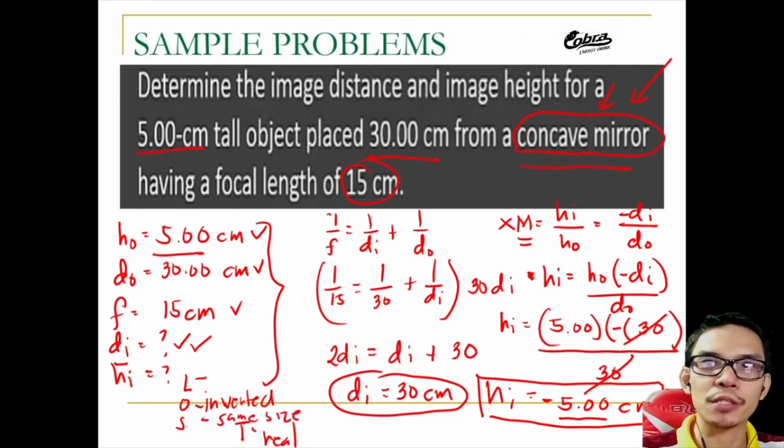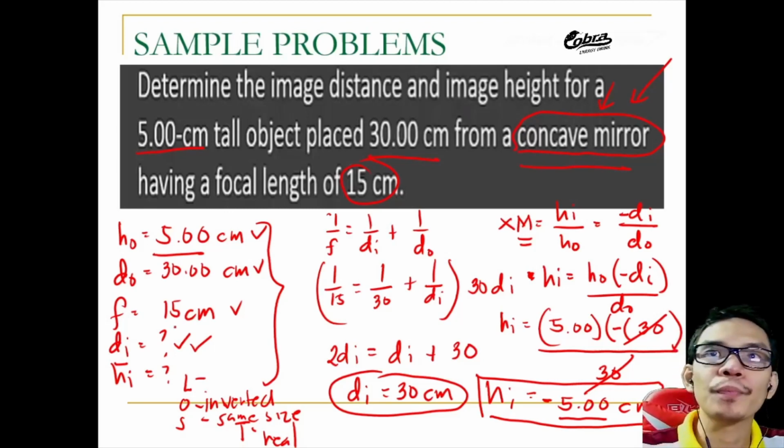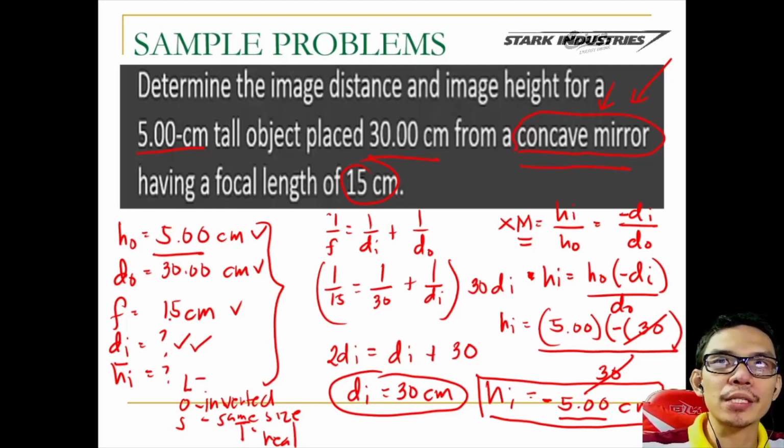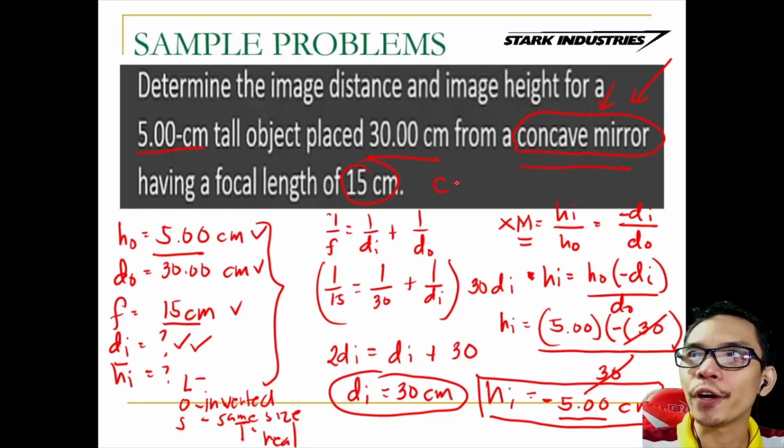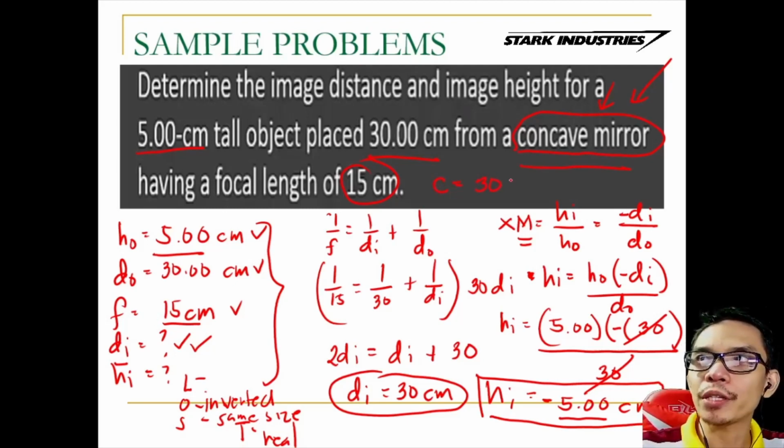Now, what about the location? If the focal length is 15 centimeters, then the center of curvature is 15 times 2, which is 30 centimeters.